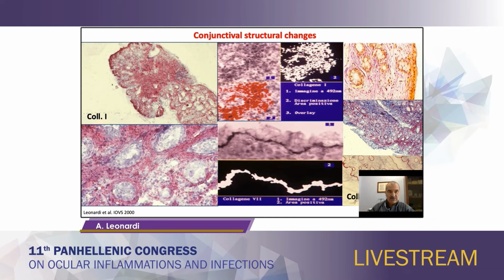The stroma is also involved, with increased deposition of collagens, in particular collagen 1 here in red, which is not only on the core of the giant papilla, but forms like a layer in the subepithelium.